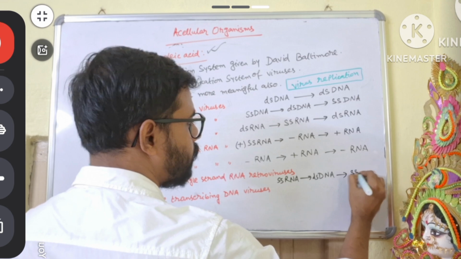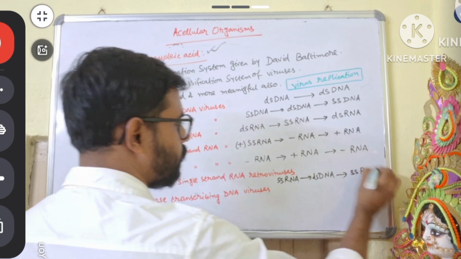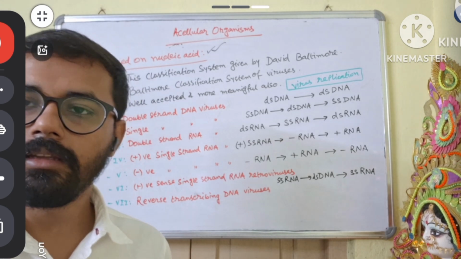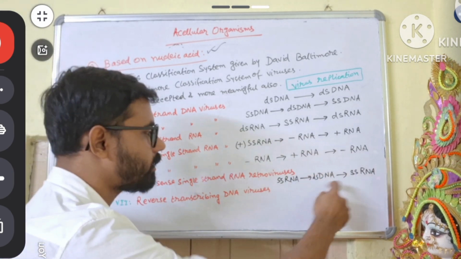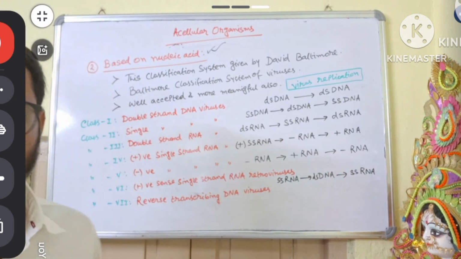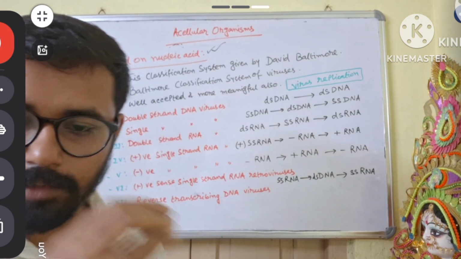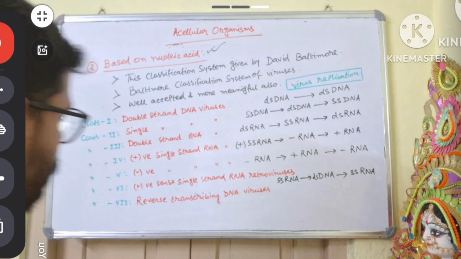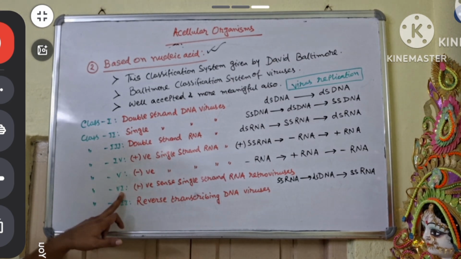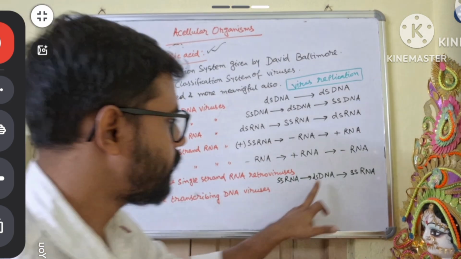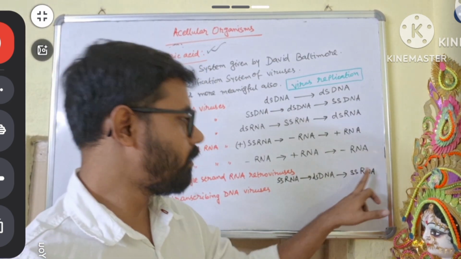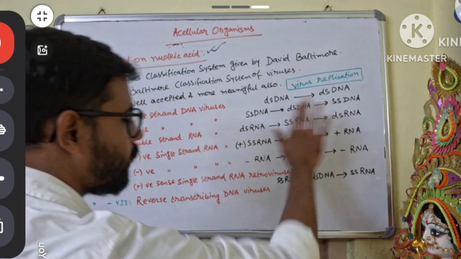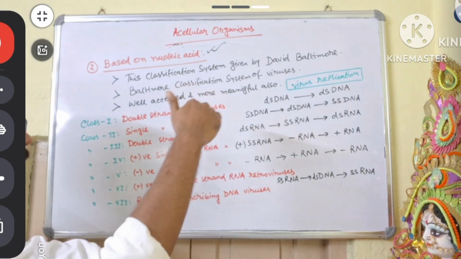Then it converts to ssRNA. So that is the strategy of class 6. They convert through a DNA structure. That's why they are called retroviruses. Retroviruses have the feature that they can convert RNA into a DNA molecule. That is done by class 6. ssRNA converts into dsDNA and DNA converts into RNA. In class 4, there is no DNA present. So that's why the two classes are different.